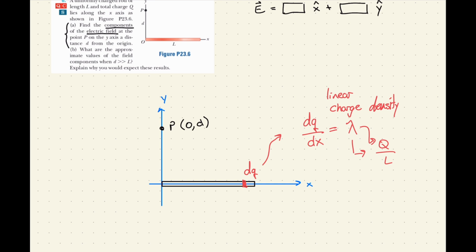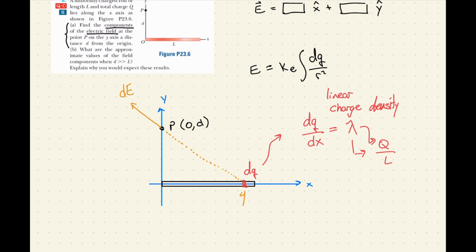And now let's imagine we have an electric field, which will be given to us by this equation here, KE, integral of a small charge element dq over r squared. That electric field will be pointing like this. So let's say we draw a line connecting this charge element dq to the point, and it's going to create this component dE.